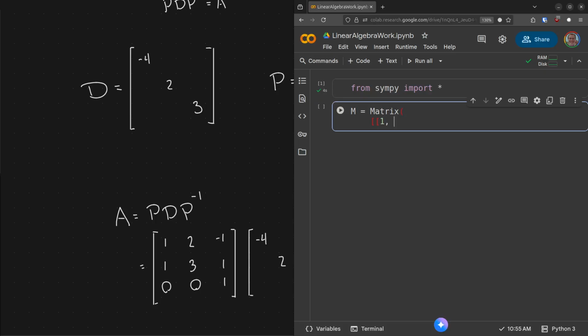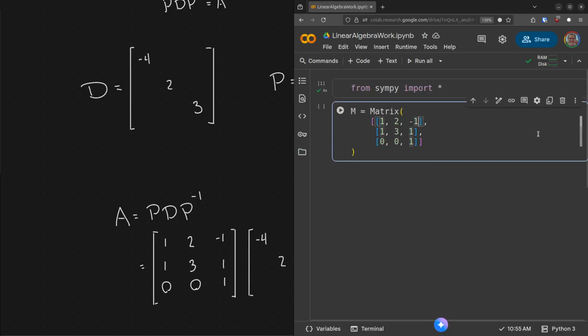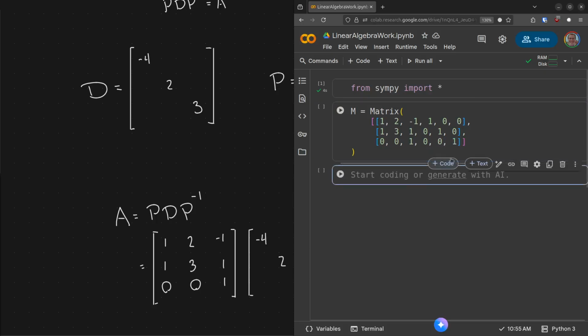So that's 1, 2, negative 1, 1, 3, 1, and then 0, 0, 1. And now I'm going to augment with the identity matrix. So the first row of the identity matrix is 1, 0, 0. The second row is 0, 1, 0. And the third row of the identity matrix is 0, 0, 1.